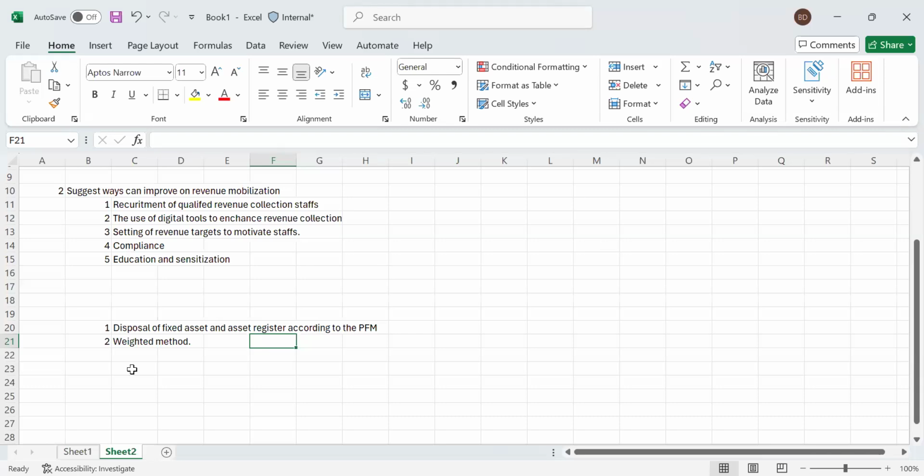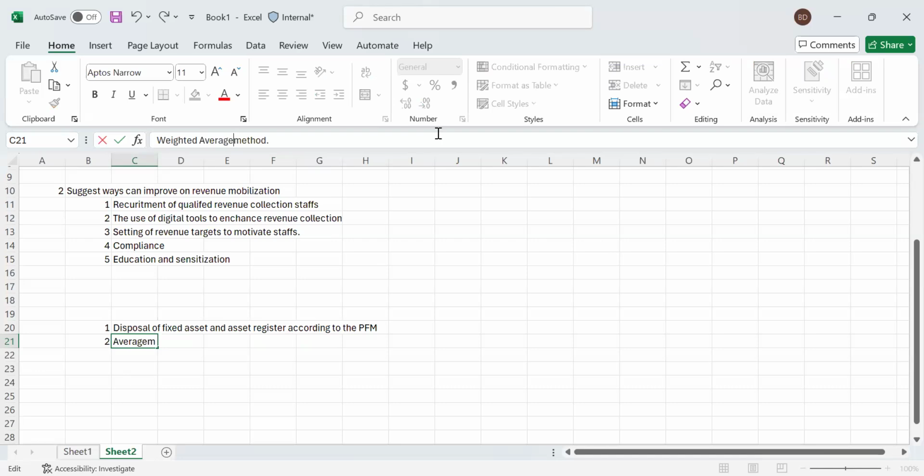What is the weighted average method? So the weighted average method takes into account the cost of all available inventories and then strikes an average.